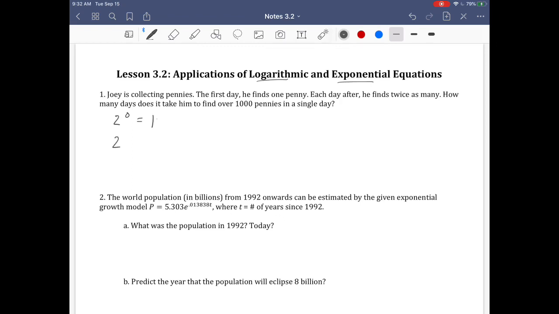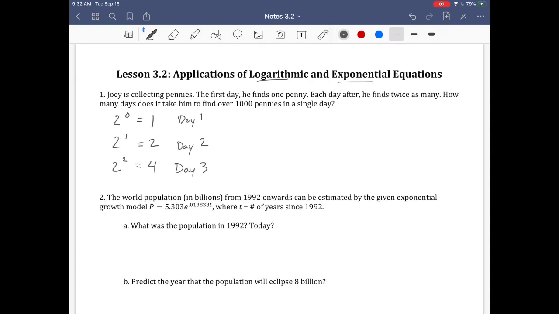On the second day, he finds two pennies. On the third day, he finds 4 pennies. And so you can continue this trend on and on.